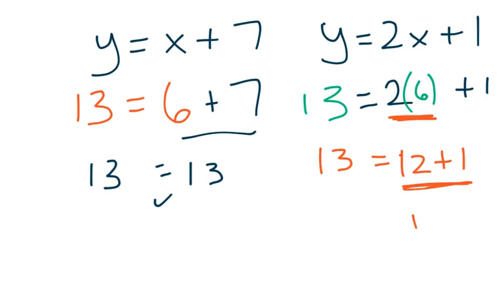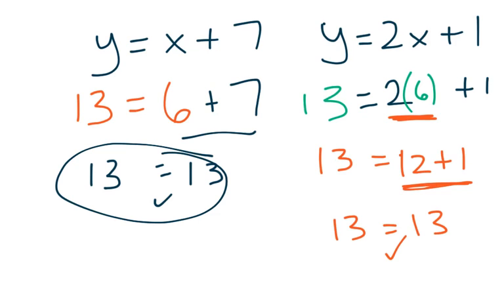Well, 12 plus 1 is 13, so 13 equals 13. It works out. So another way you can check yourself is if you plug the answers back into both equations, do they actually make the equation true? If they make the equation true, meaning that you get down to the end and both sides are equal, then you know you have the right solution.